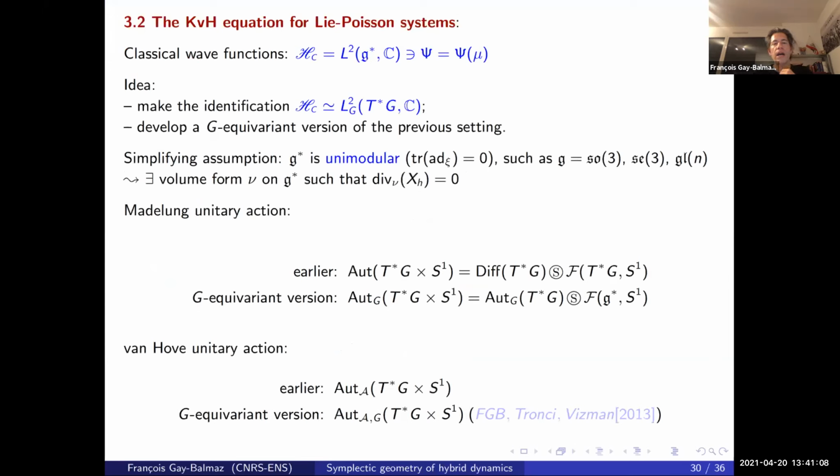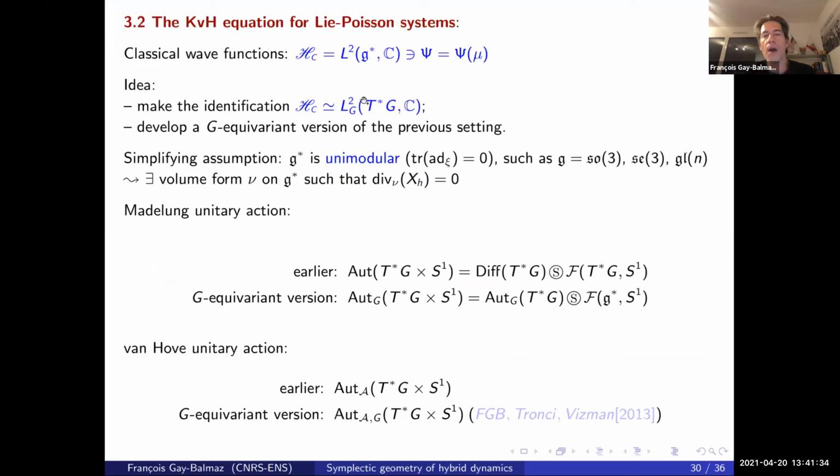This slide is just to tell you that there are corresponding groups acting also in this case. And the key here is to consider G-equivariant versions of the groups that appeared earlier. So this works if the classical phase space is the phase space of a Lie group.